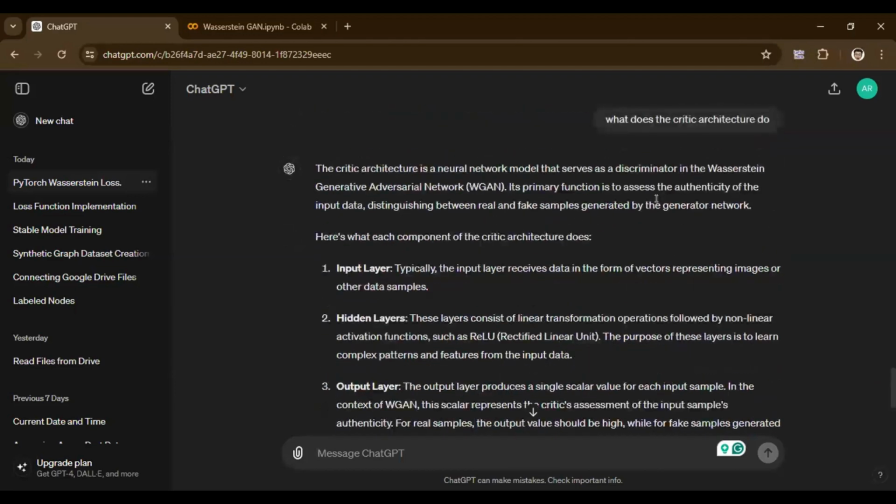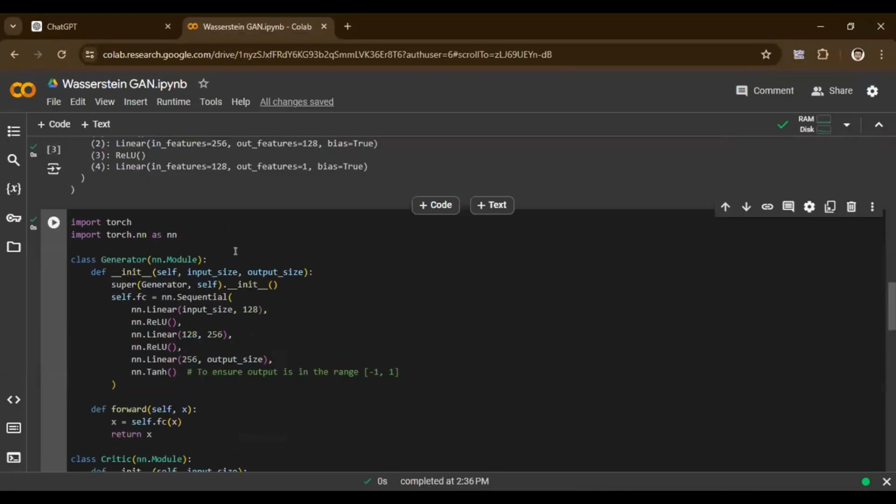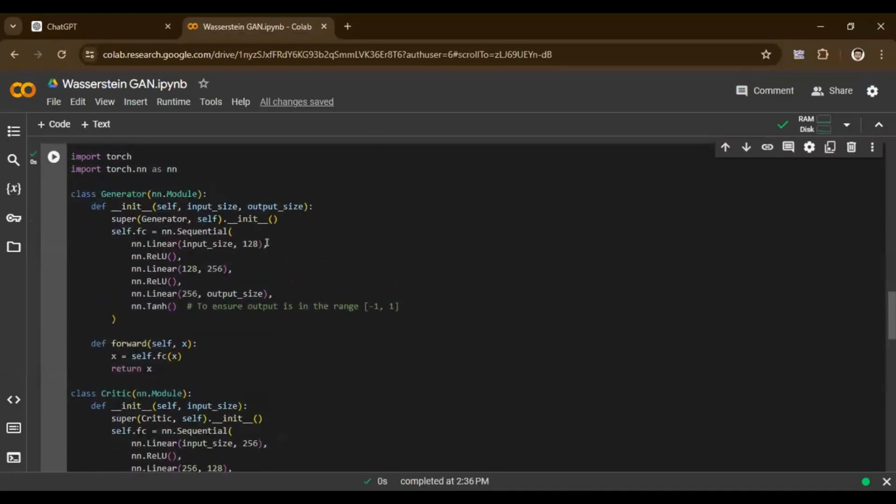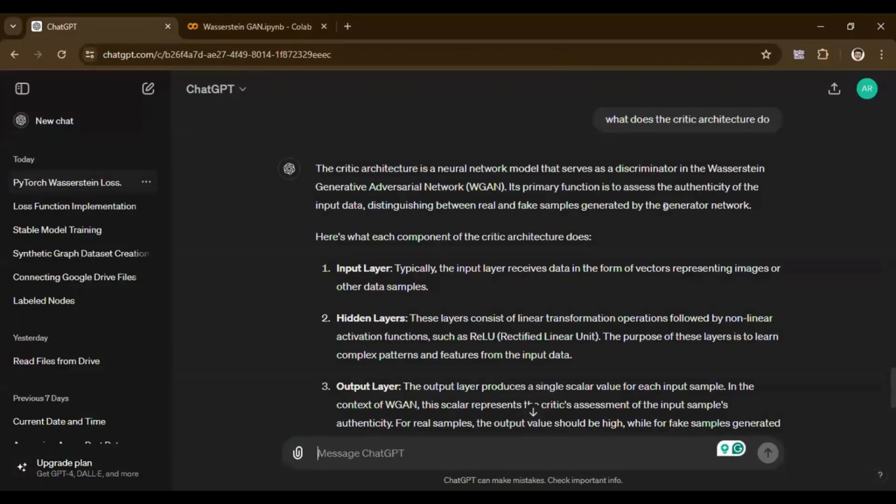So the generator network will generate some fake samples from noise, and what the critic does is assess the authenticity of the input data and differentiate whether it's real or fake data.